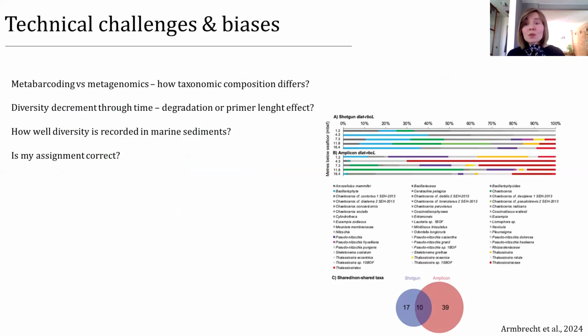The approach that is targeting specific taxa, where we amplify, so we increase the amount of DNA of our targeted taxa, and metagenomics, in which we amplify the whole community. And here is an example of a study. The shotgun sequencing is metagenomics, amplicon sequencing is metabarcoding, another name. But you see that it targets the same group, diatoms, but the taxonomic composition was pretty different. And also there were only 10 taxa that were shared between both approaches. So we need to carefully choose the approach for the purposes of the study.